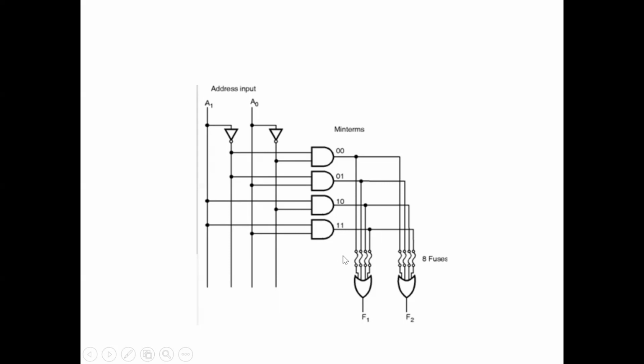If I give a gate input, this line is connected from here to here. If I use a MOSFET here, there will be a connection from here to here. If not, there will not be any connection.